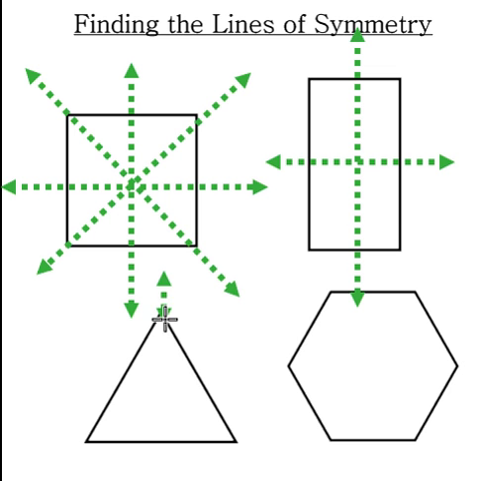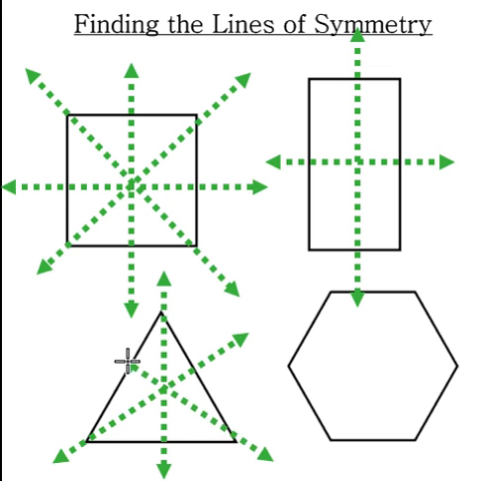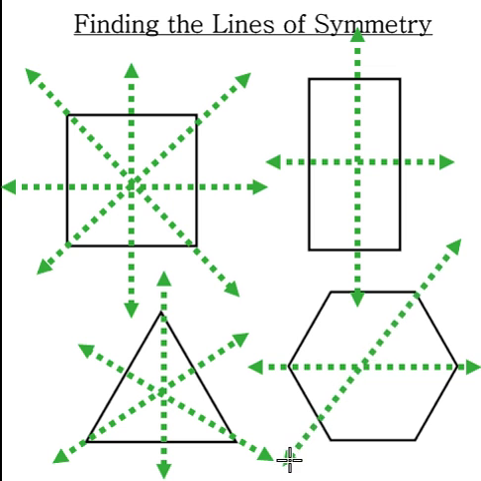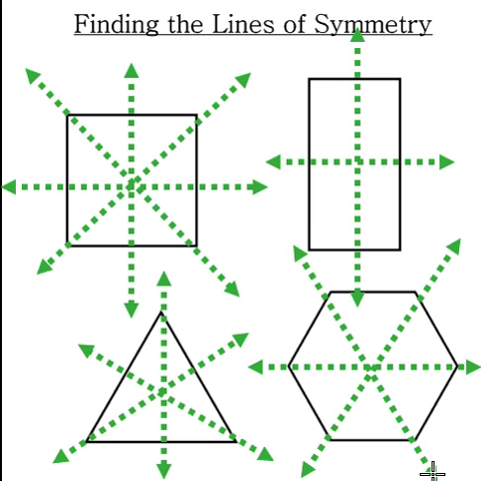The equilateral triangle, you can cut north to south. So basically you're cutting just the points because it's equilateral. All the sides are the same. This has 3 lines of symmetry, 1, 2, and 3. And finally, the hexagon has 1. Notice how the opposite points are meeting, 2, 3, and 4.